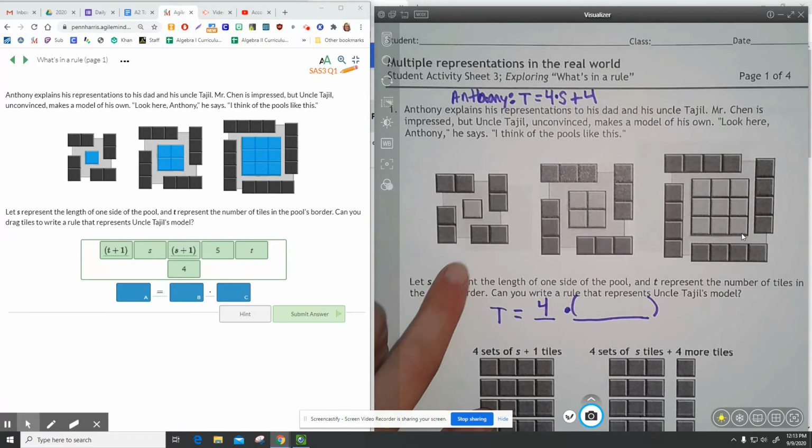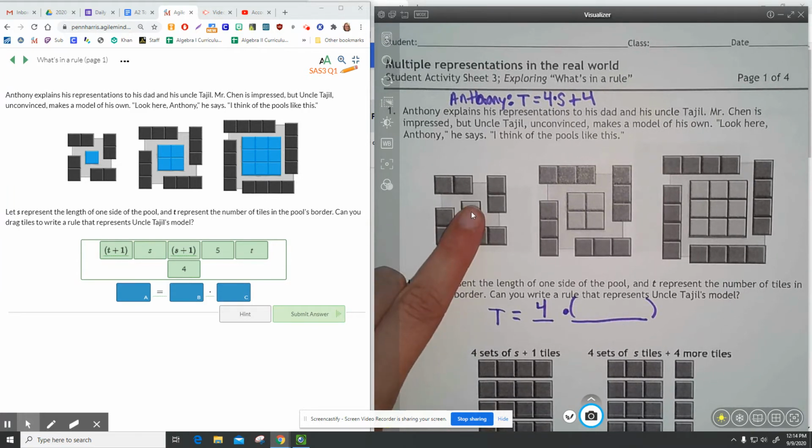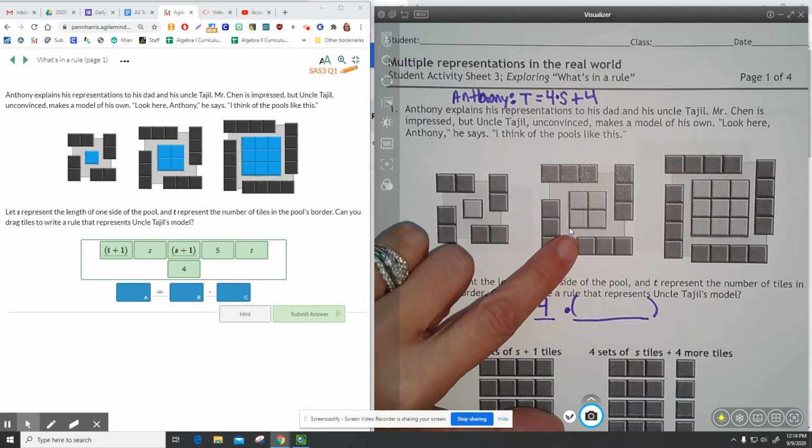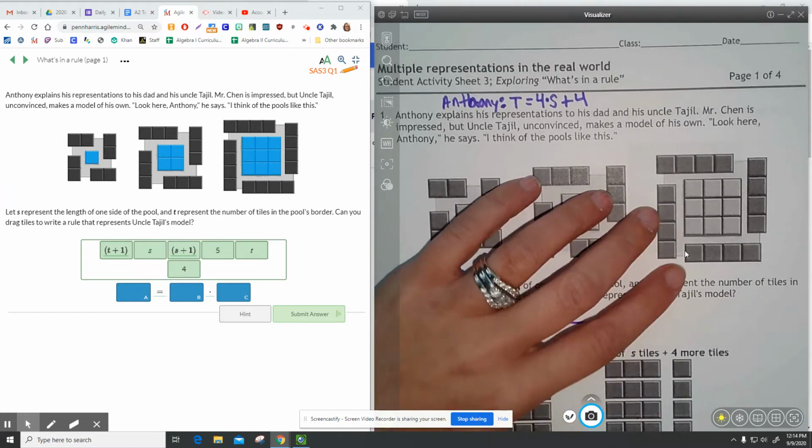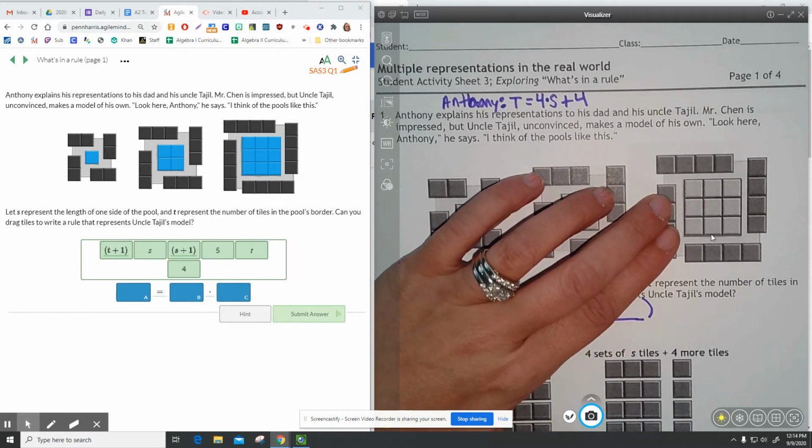And again, we had our side, which was, in this case, 1. But we multiplied it by the side plus 1, which is really 2. Here his side was 2, but he wants us to multiply it by 3. So 2 plus 1 gives us 3. Over here, we've got 3, and he wants us to really multiply by 4.